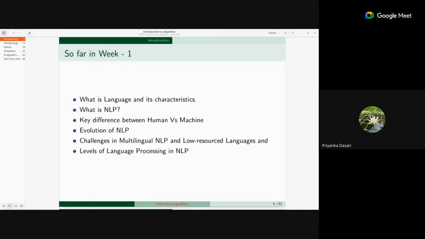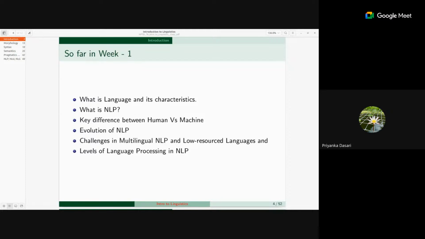In this week one, we have covered what language and its characteristics are, and what NLP is, a basic introduction. We have seen the difference between human and machine language processing, and how NLP has evolved through time. Also some challenges in multilingual NLP and low resource languages, and how to deal with them.